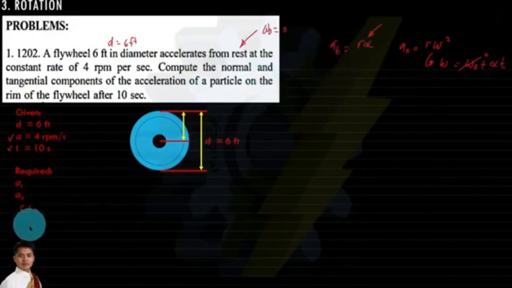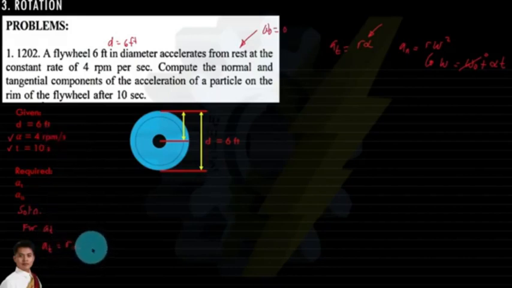Solution. This is for a sub t. From the formula, a sub t is equal to r alpha. So we can now substitute r and alpha. Since we have a diameter of 6 feet, our r is simply 3 feet.